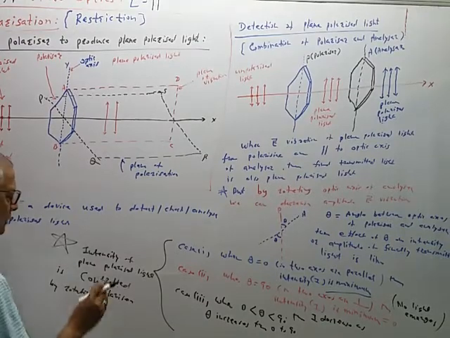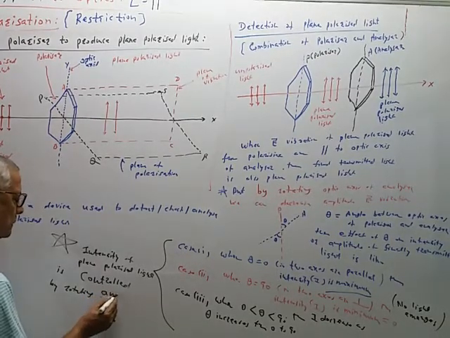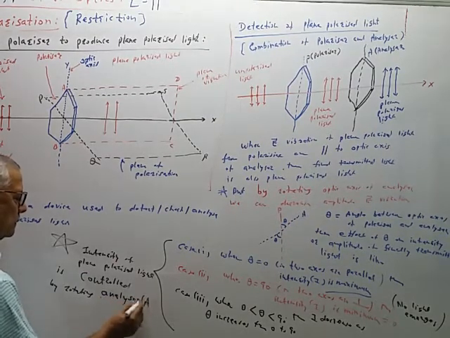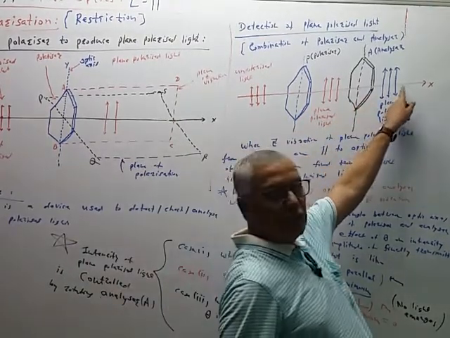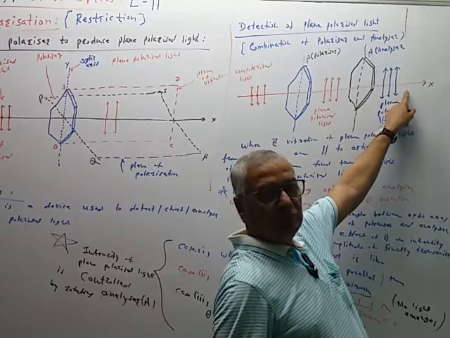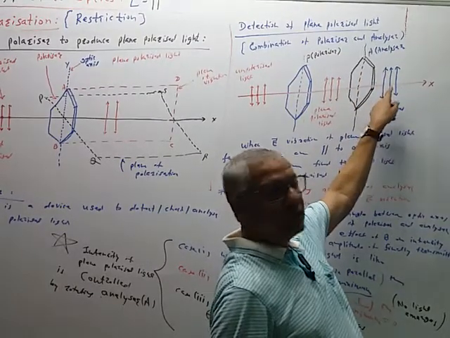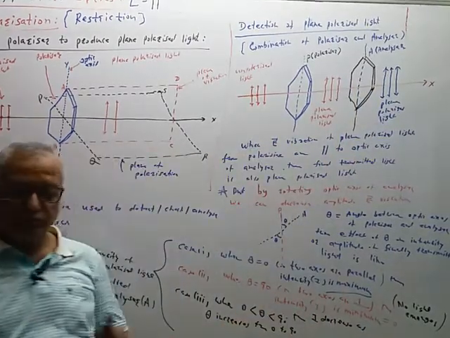By rotating the analyzer, we can control the intensity from maximum to 0. Maximum intensity when the axes are parallel as shown in the figure, and minimum when the two axes are perpendicular to each other, like this.